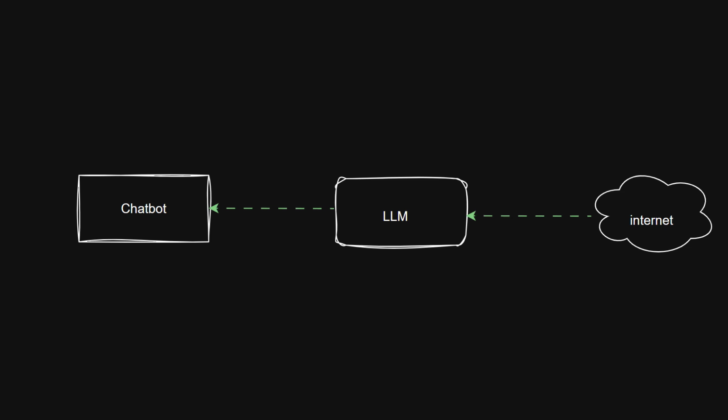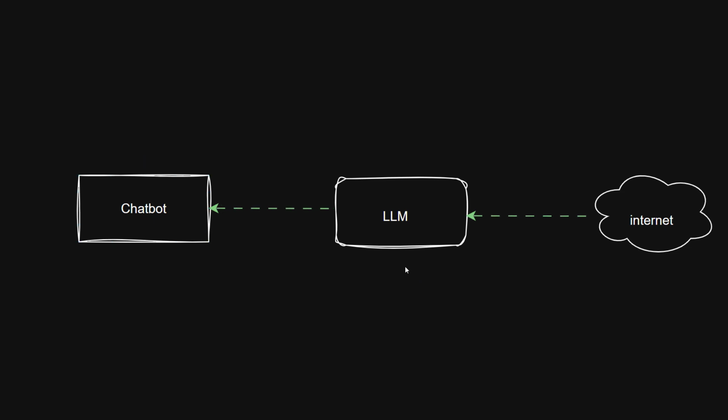So to understand RAG, let's start with this very simple example where I have a chatbot which we all use. Today you go to OpenAI or Perplexity, you type your question in this chatbot and it goes to an LLM, and this LLM is a large language model which is trained on the whole of internet information.